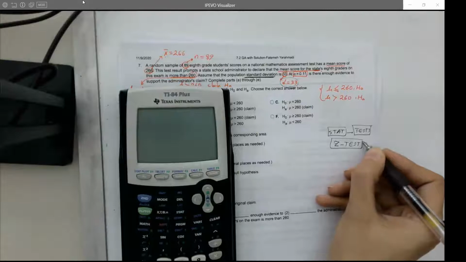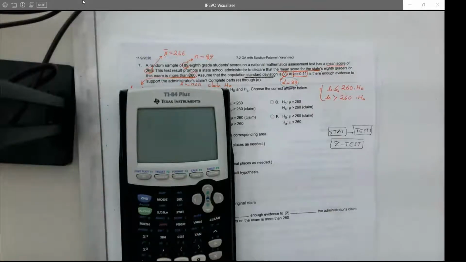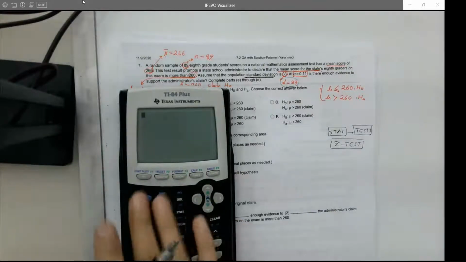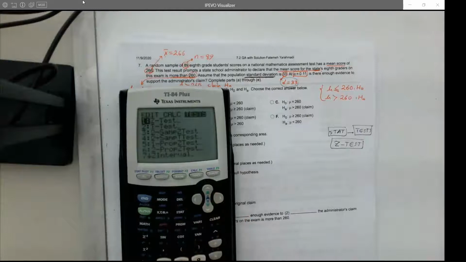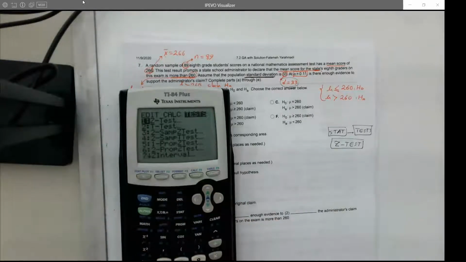If it's not given, we use the t-test. So let's turn it on. We go to stat, tests, and now we select our z-test.